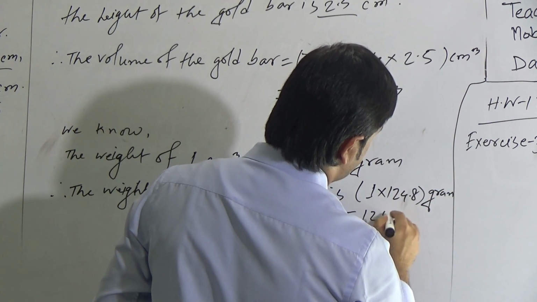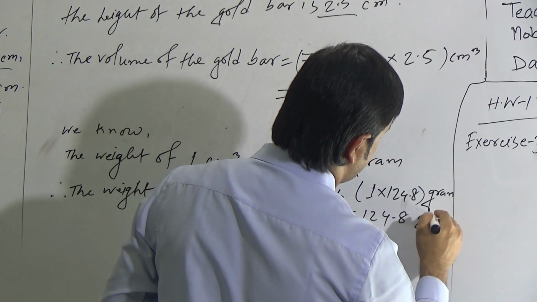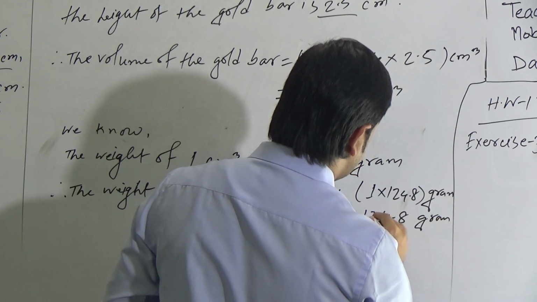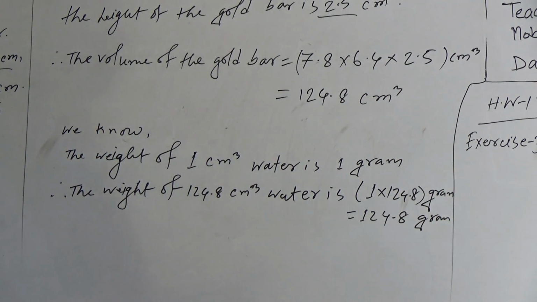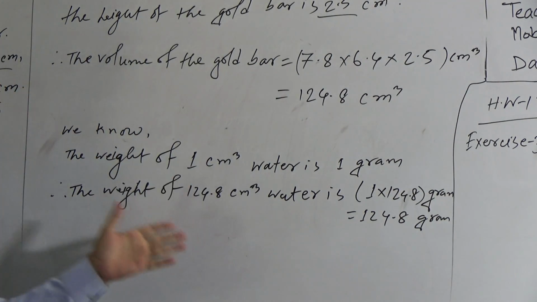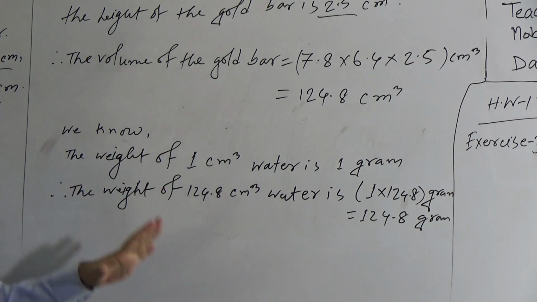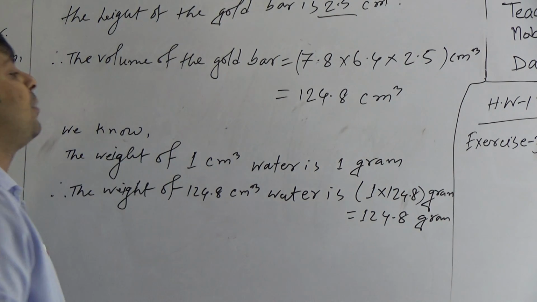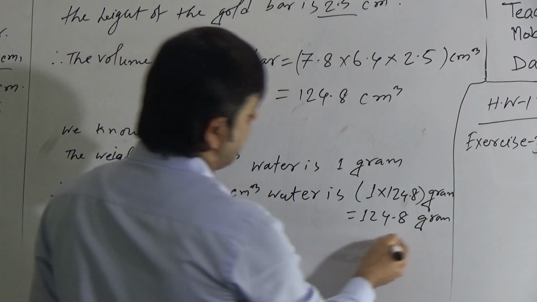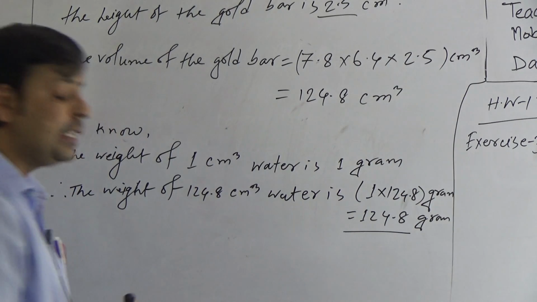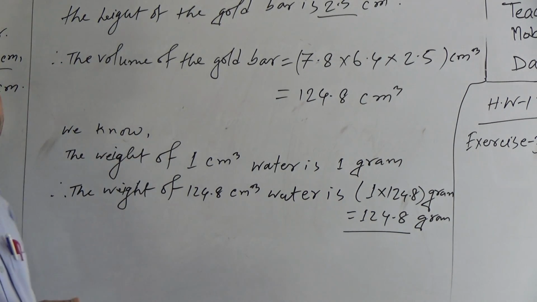That will be 124.8 gram. It means that we have determined the weight of the water of similar volume. So now if we multiply this by 19.3, we will get the weight of the gold bar.